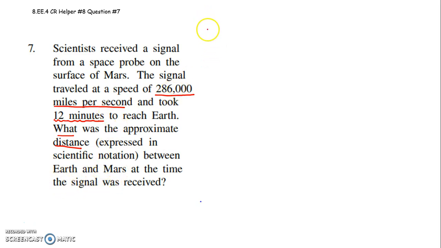Okay, so first of all, the facts you know is that it's 286,000 miles per 1 second. When 1 second passes, you've traveled 286,000 miles. When a second passes, you've traveled another 286,000 miles.